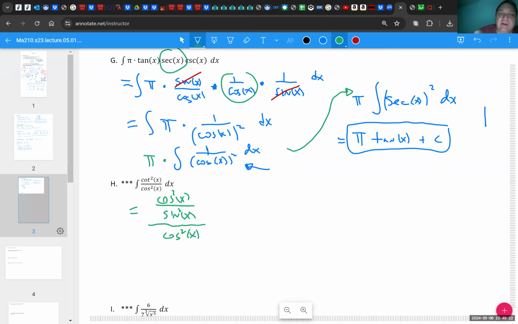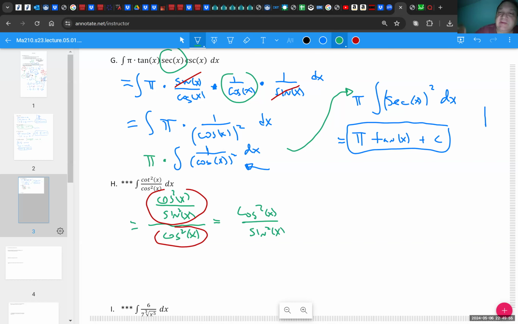Now, some of you who are expert at algebra may recognize immediately how these can be simplified, but I'm going to do a couple steps in between for folks who are less confident on their algebra simplification. So we have a fraction divided by this cosine squared x. So I'm going to write this as the fraction.